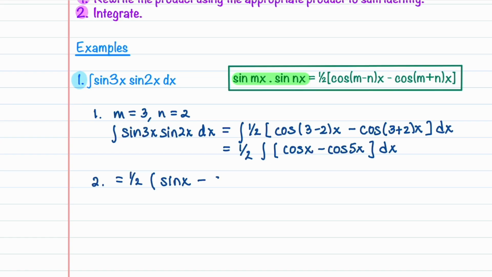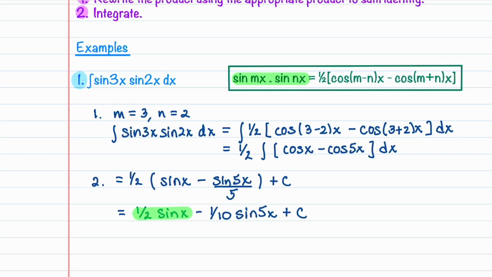So that is minus sine 5x. And then don't forget, we have to divide by a 5 because of the 5x. And then we add on our plus c. Let's rewrite this answer. I'm going to distribute the 1/2 through. So we have 1/2 sine x minus 1/10 sine 5x plus c. And there's our answer.